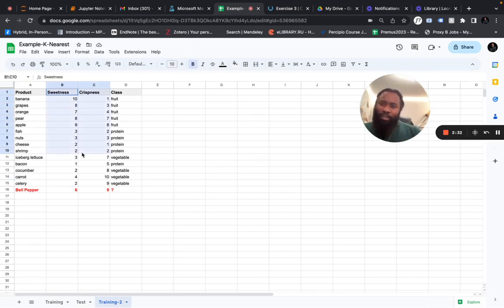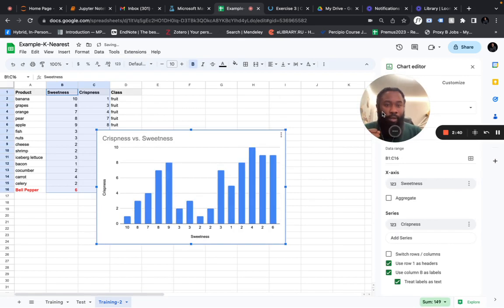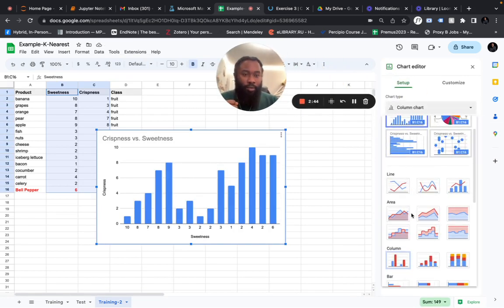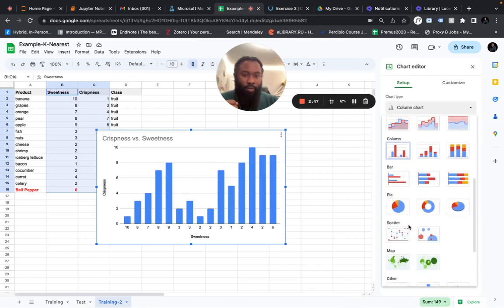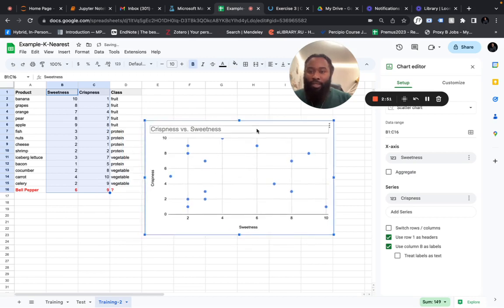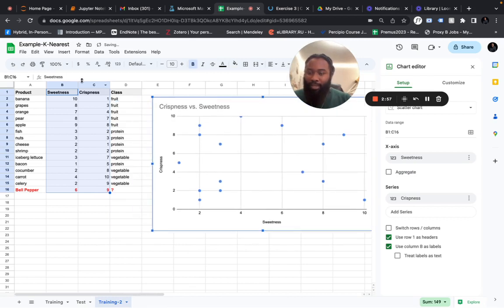Let's quickly graph this, and let me explain how this works graphically. Let's insert a chart. Let's do, or not a column chart, let's do a scatter plot. Right, perfect. So you see all these points on this graph are basically objects from this data set.